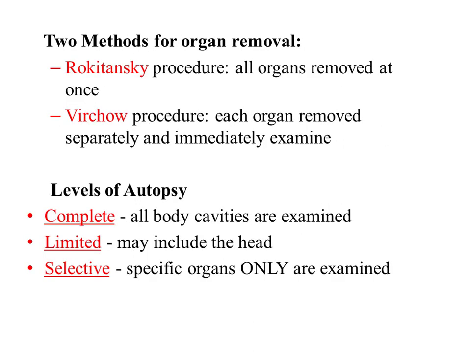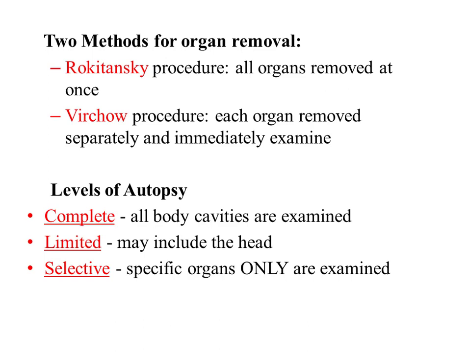There are two main methods of autopsy: Rokitansky procedure and Virchow procedure. If we make an autopsy by the Rokitansky procedure, we remove all organs from the dead body at once. During the Virchow procedure, each organ is removed separately and immediately examined.